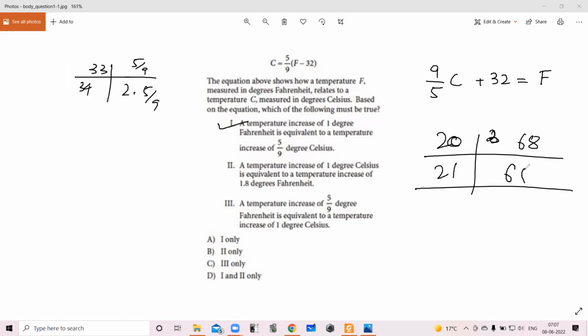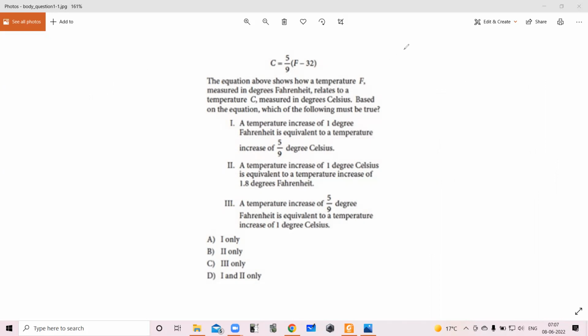So that's a 1.8 degrees Fahrenheit increase. So statement 2 is good. Checking the options, that would be D, because we don't have only 1 and 2. That's correct. Next one.